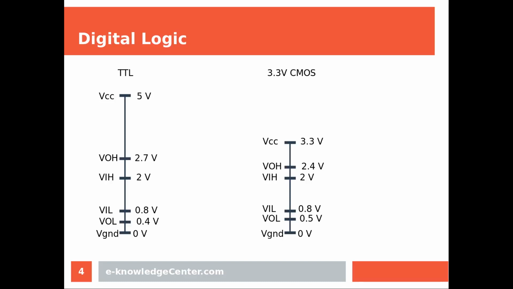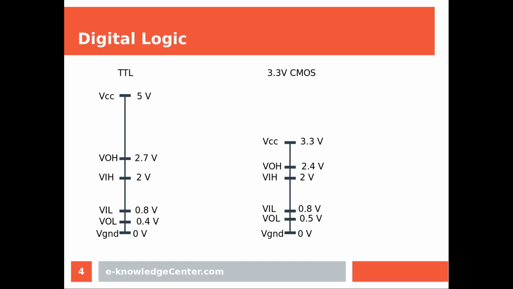However, when the transmitter is CMOS and the receiver is TTL, the devices should be able to communicate. Why? Because for the high level, the minimal output voltage for a high signal will be 2.4 volts.